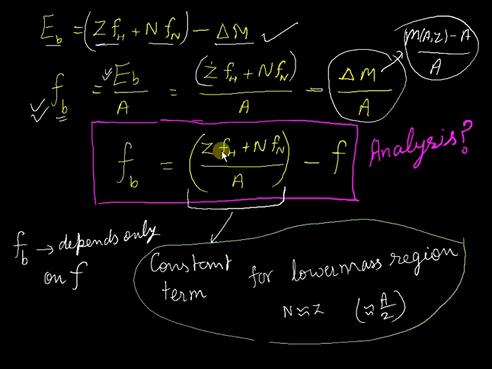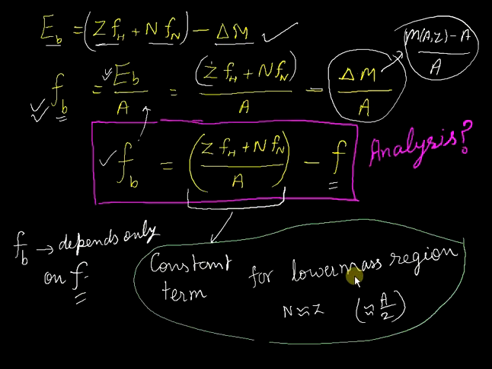You know that Z is a number, F is also a number, N is a number, Fn is also a number, A is also a number. So this is just a number for the nucleus, but F is the packing fraction. So this FB gives the information of the binding energy; the mass defect depends on F. So FB depends only on F.